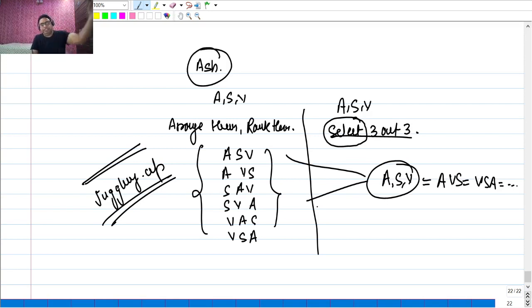Selection has no order botheration. Think of you selecting a team when you were the captain of a team. Sumit is the captain of a cricket team. When you select your fellow cricketers, you don't bother about what order they are standing or sitting. You just select them. Got my point? So this is the basic difference. Arrangement is order, selection has no order.